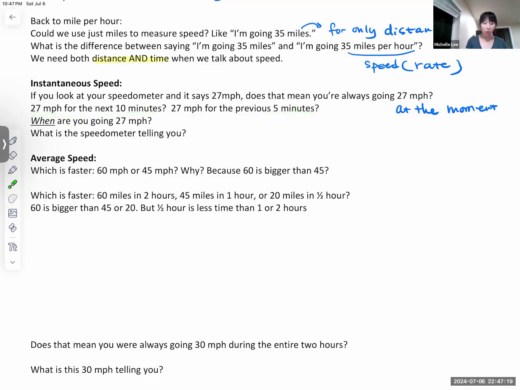No. You are going 27 miles per hour at the moment.